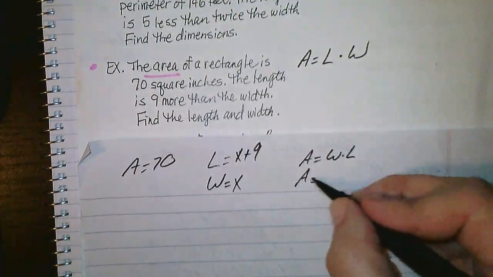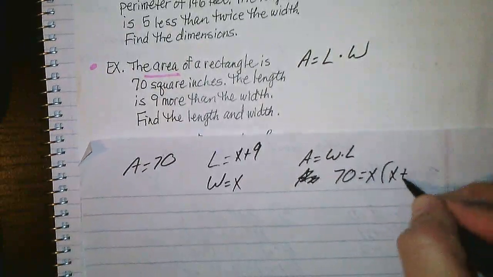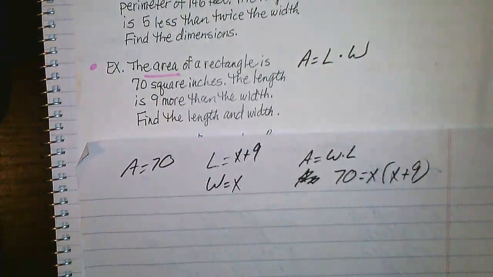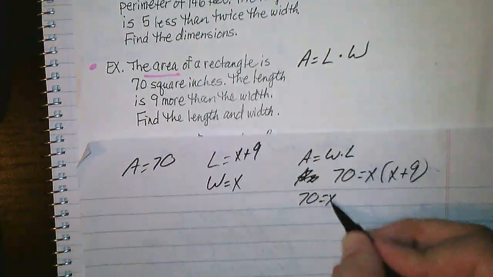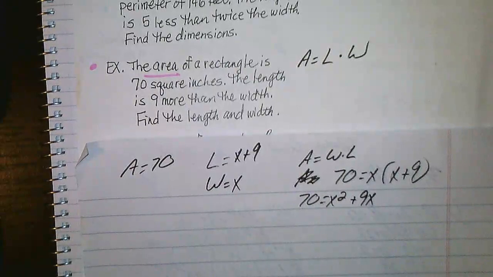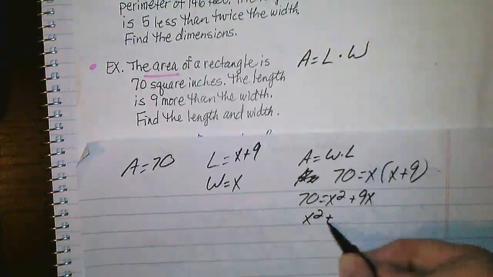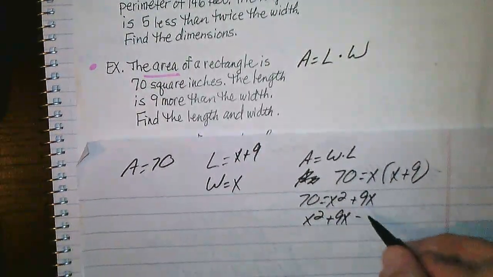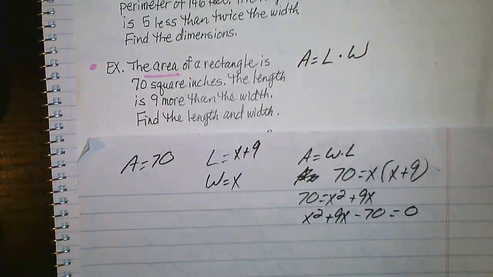So we can think about it as 70 equals x times x plus 9. That gives us 70 equals x squared plus 9x. And now we'll get everything set equal to 0. X squared plus 9x, subtract the 70, equals 0.